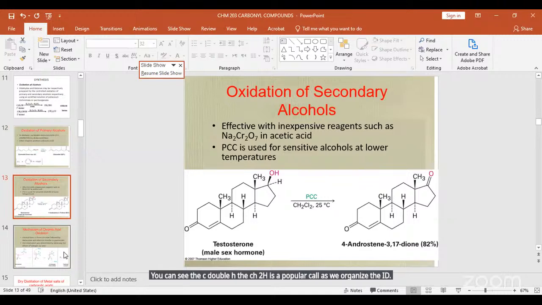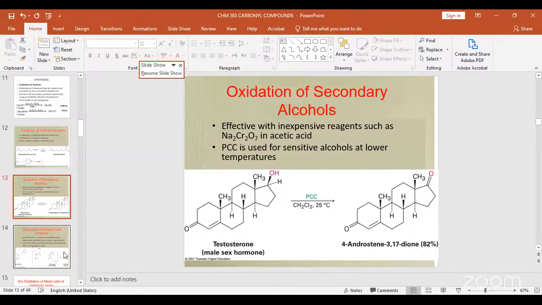In this case, we have a secondary alcohol, testosterone, which is a male sex hormone, and using PCC as well, it will be oxidized to the ketone.